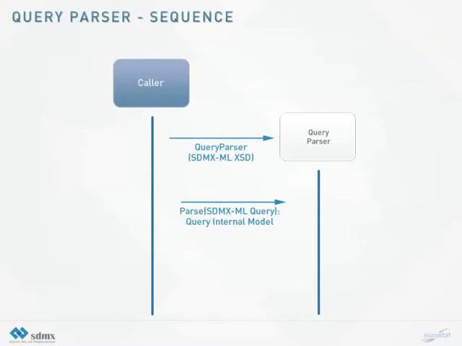The query parser has to validate the SDMX query with the SDMX ML query schema and to transform it. The SDMX ML query is stored in the internal model, and its reference is returned to the caller. The output of the query parser is the internal model of the query. The entire operation of the query parser is hidden from the final user.